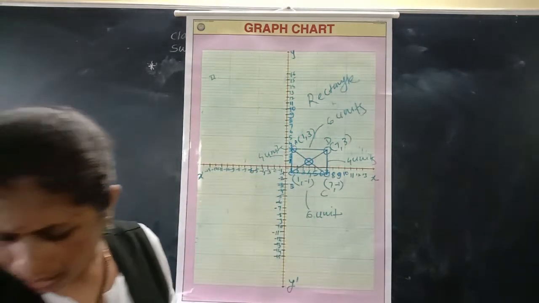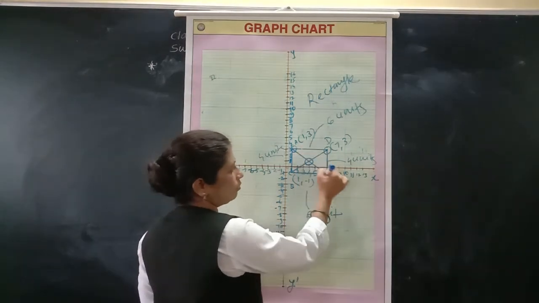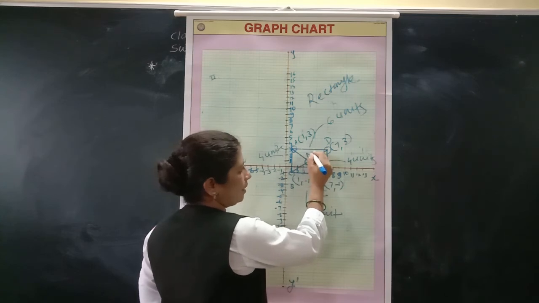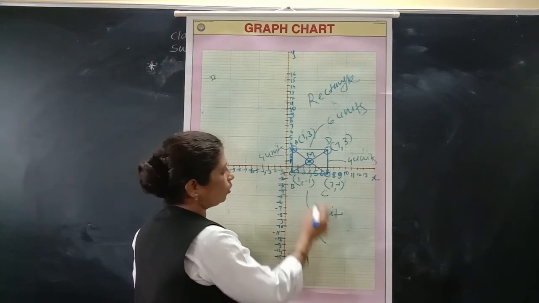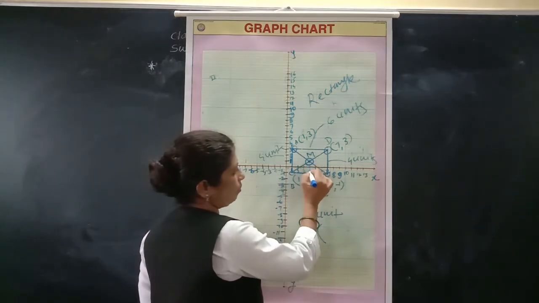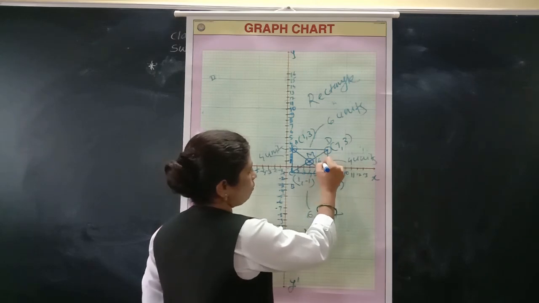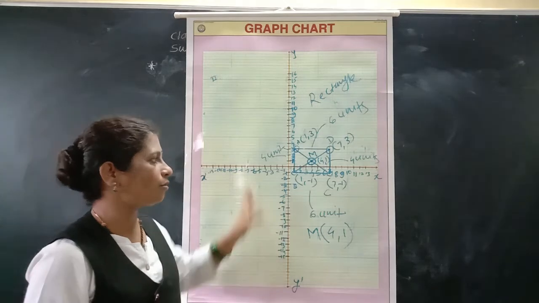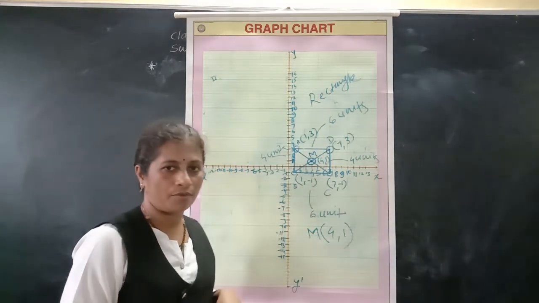They ask to write the coordinates of the point of intersection of the diagonals. The diagonals intersect each other at this point, right? Suppose I take this point as M. So what are the coordinates of point M, where the diagonals intersect? This is 4 on the x-axis and 1 on the y-axis. So 4 comma 1. Understood everyone? So in this way we have to solve questions related to your graph. Thank you.